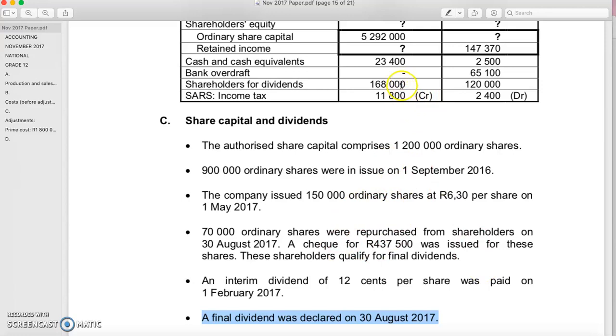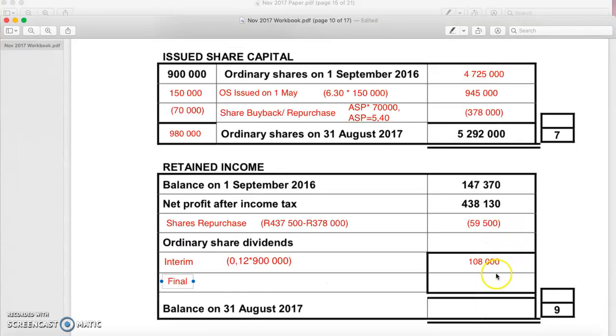And this can also be known as shareholders for dividends, right? So shareholders for dividends is basically your final dividend. So that's where we find that amount, and we're going to write it in, 168,000. And that's basically it. That's your retained income note.